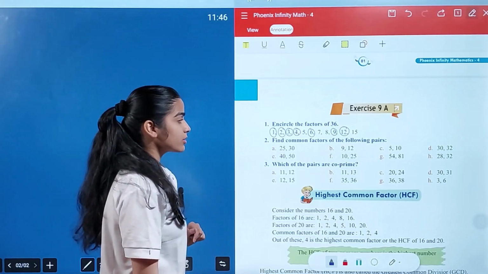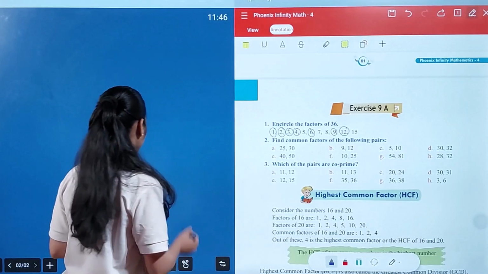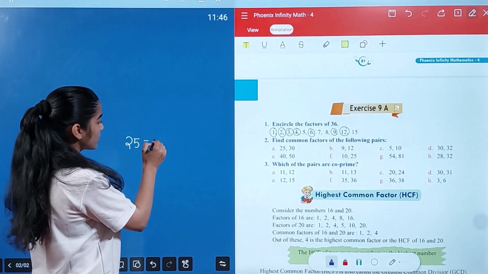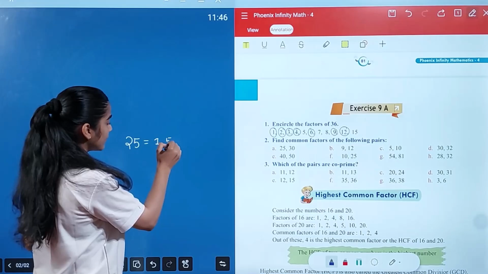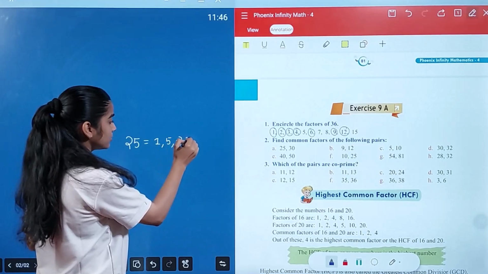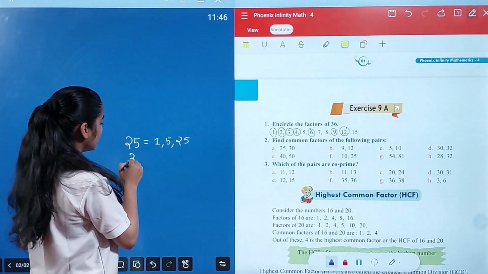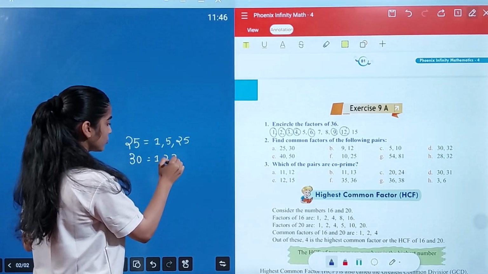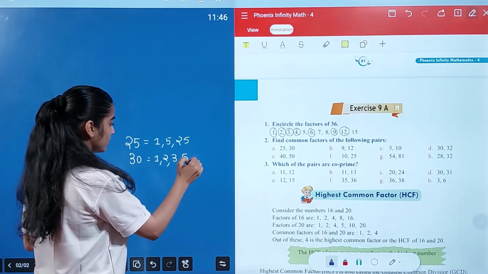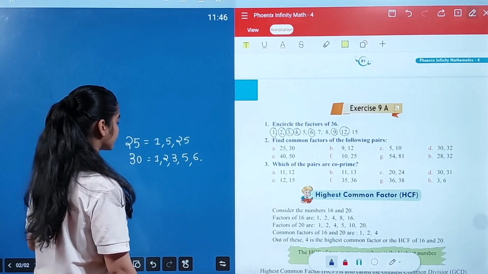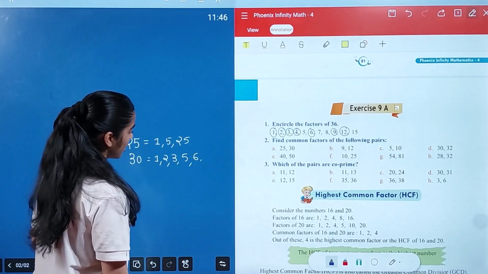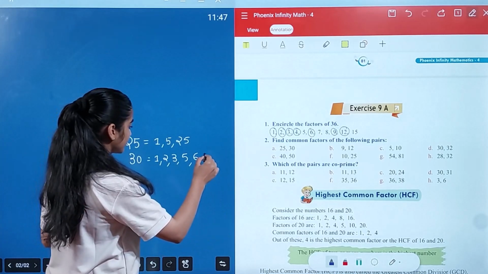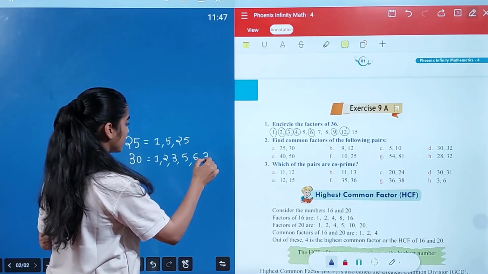Find the common factors of the following pairs. Here we have 25. What are the factors of 25? You can say 1, 5 and 25. For 30, we have 1, 2, 3, 5, 6, and after 6 we can also continue, that's it, we can take 30.